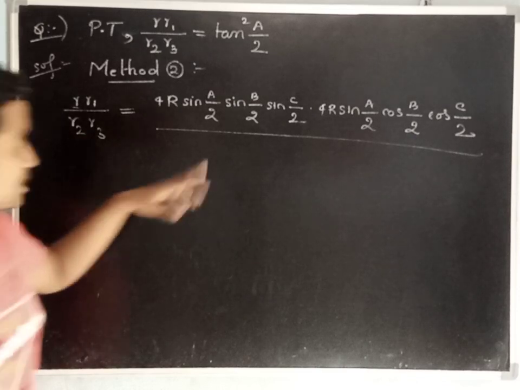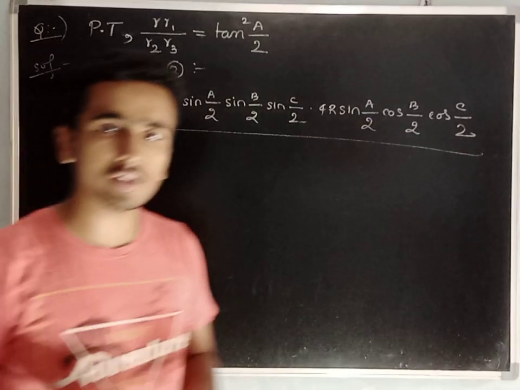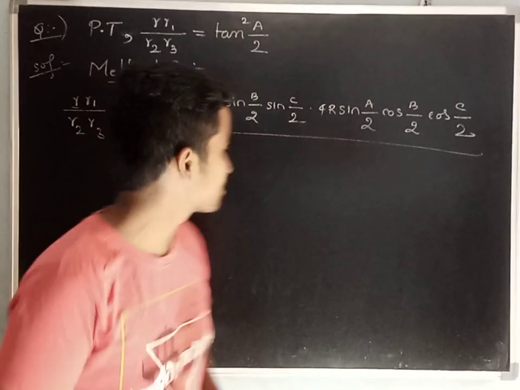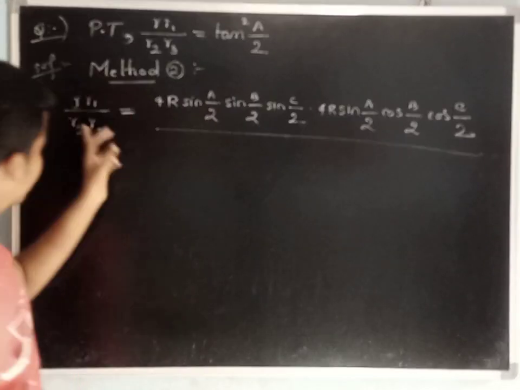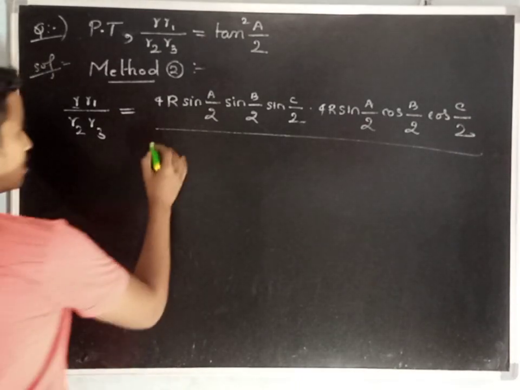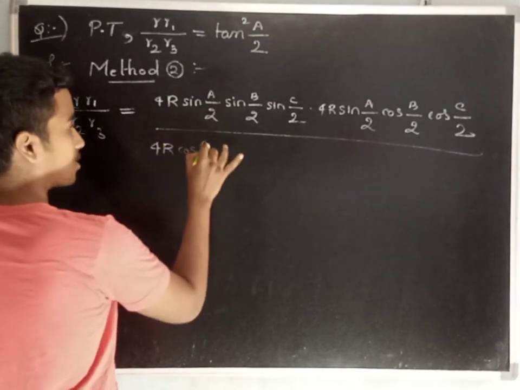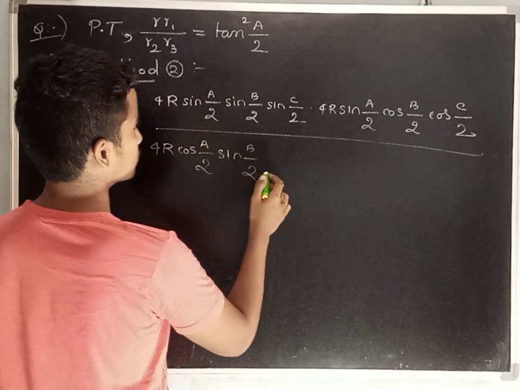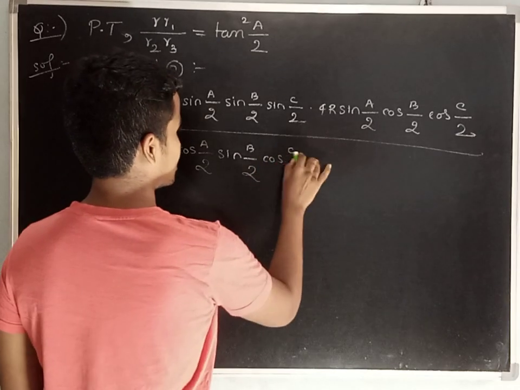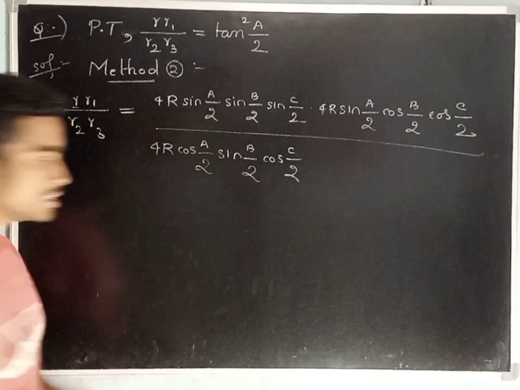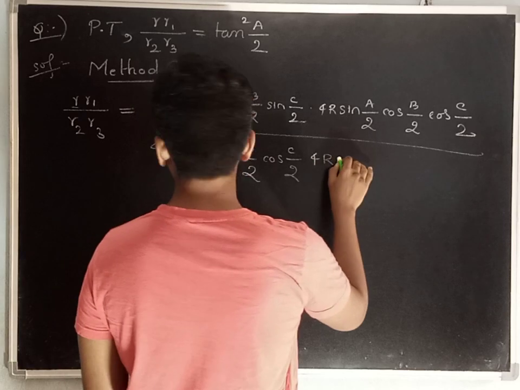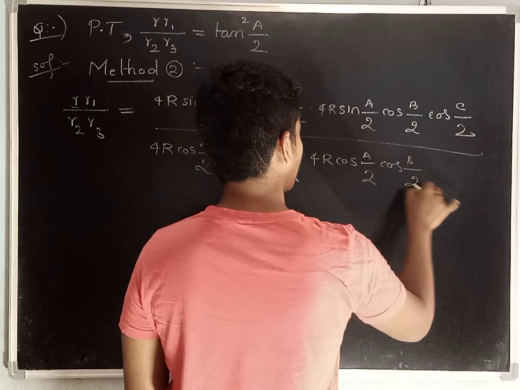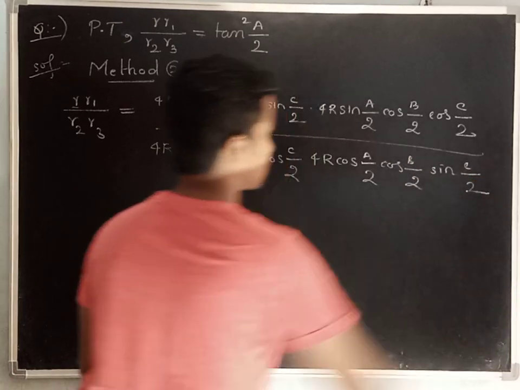We have already discussed the derivations in the previous video. If you want to recap these concepts, you need to check my previous videos. I'm directly applying all these formulas. R2 is 4R cos A by 2 sin B by 2 cos C by 2, and R3 is 4 capital R cos A by 2 cos B by 2 into sin C by 2.